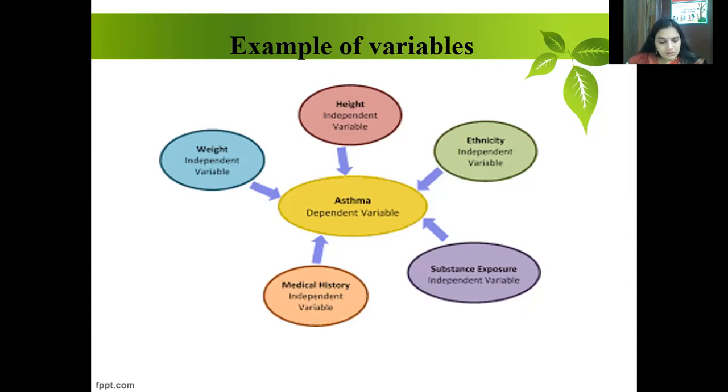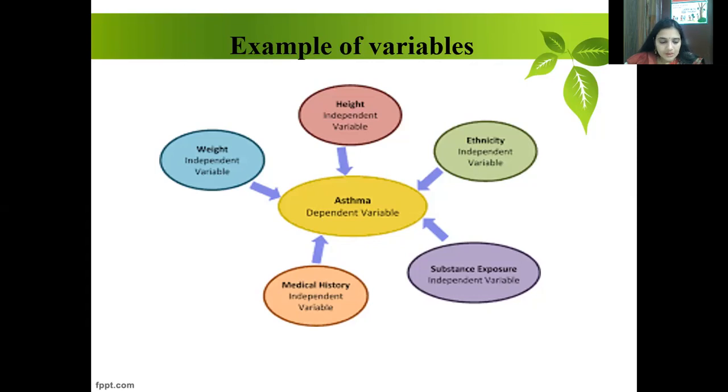For example, plants grow faster in warmer temperatures. Temperature and plant growth, two things are there. So what would be the dependent and what would be the independent variable? Temperature is independent, right? Temperature is not dependent on plant growth. We cannot say temperature is high because plant growth is good. No, we will be saying that because of temperature, plant growth is good.